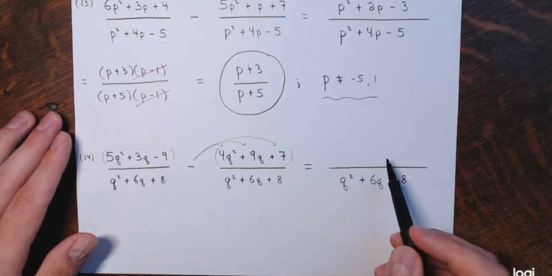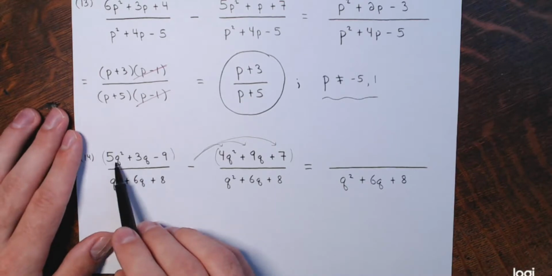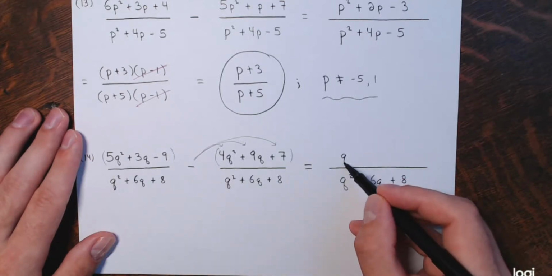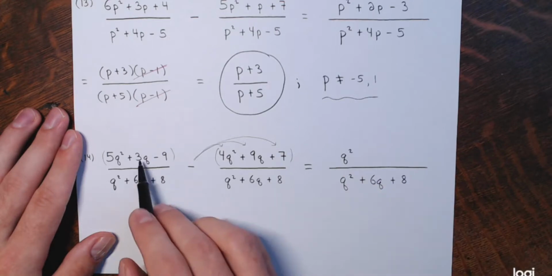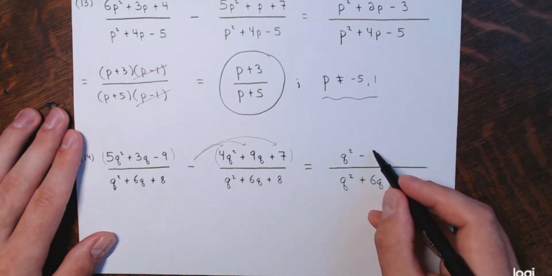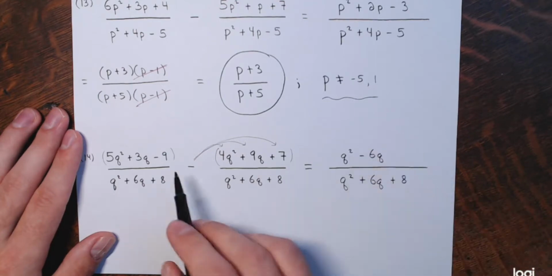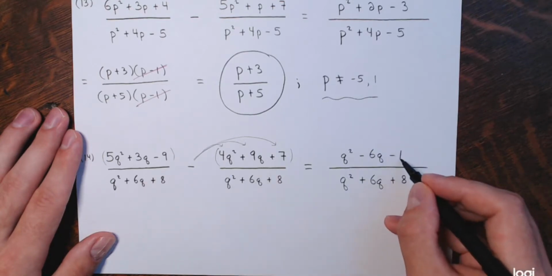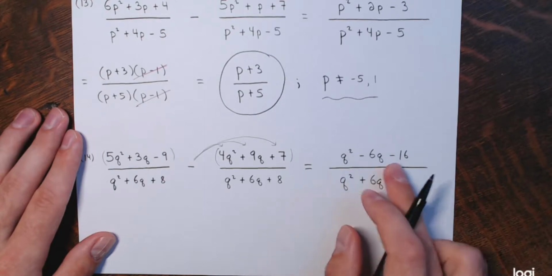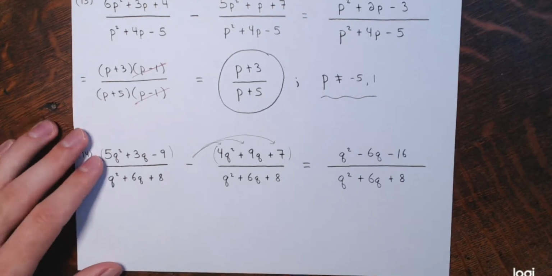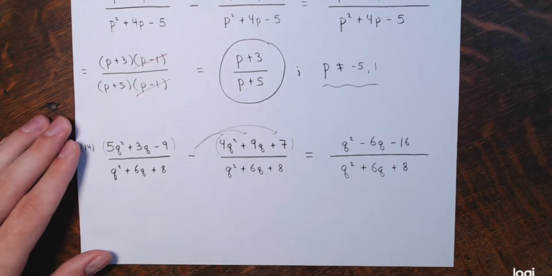And I'm just going to skip ahead to what we'll get. We have 5q squared after combining like terms. We'll have 5q squared minus 4q squared. That's 1q squared. 3q minus 9q is -6q. Then -9 minus 7 would be -16. All right, so this is what I get after taking the first numerator minus every term of the second numerator, after distributing the negative and combining like terms.